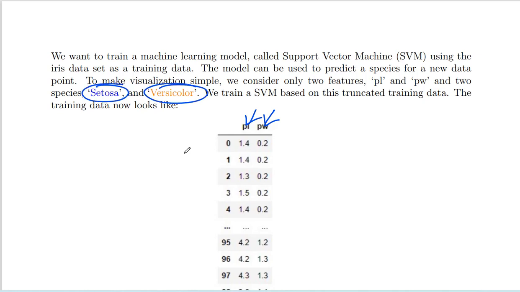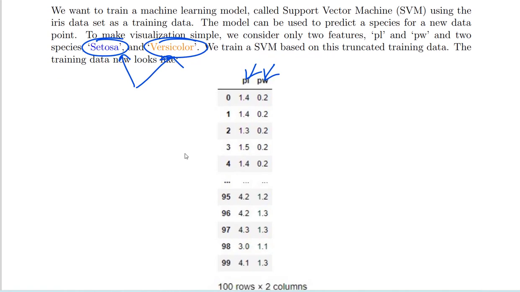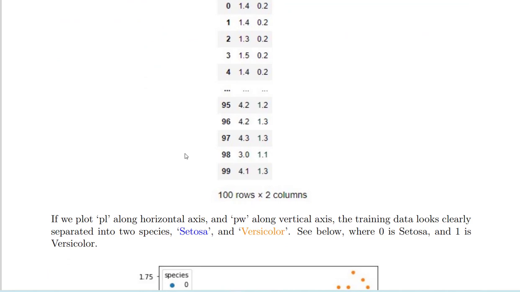We do not take Virginica, to make it simple and easy, since a support vector machine is basically a binary classification, so we consider only two classes. So the training data consists of two classes and two features, petal length and petal width, and there are 100 data points.